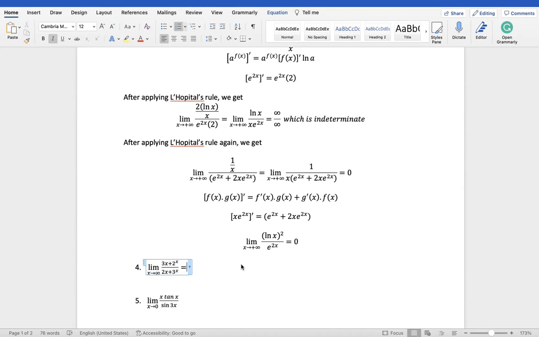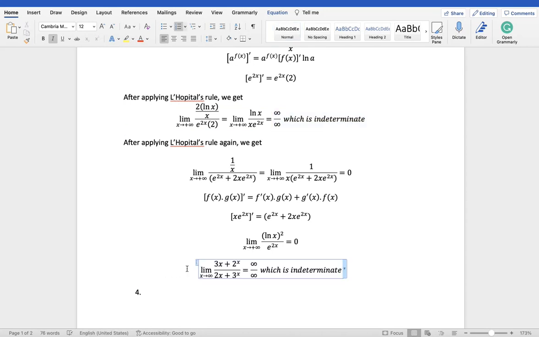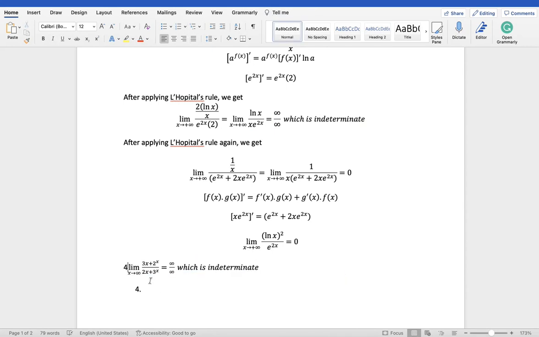It's infinity over infinity, right? So you get infinity over infinity, which is again an indeterminate form, and therefore we have to apply L'Hopital's rule.